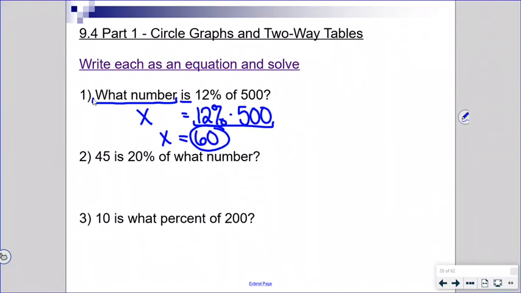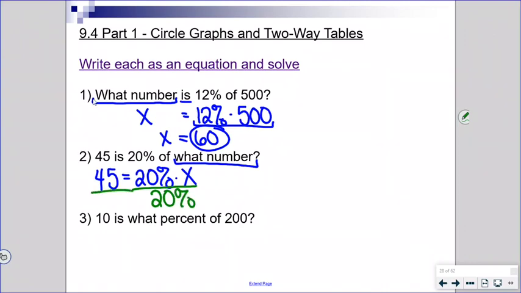So similarly, looking at number 2, 45 is 45. Is equals. 20% is 20%. Of is times. And what number is x? Now I have to get x all by itself. The way I get x all by itself is I divide both sides by 20%. Don't divide both sides by 20.